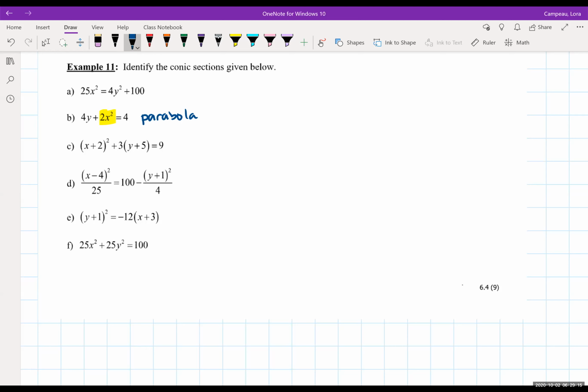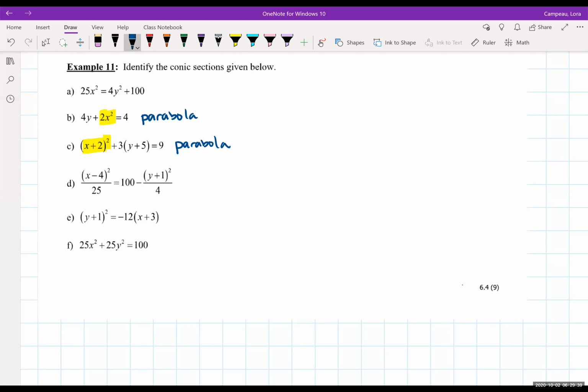If we go to part C, again, even though it's not quite in a nice form that you recognize, you do see only one of the terms is squared. So that's another heads up that you've got yourself a parabola. So it's not quite pretty, but that's all we have to guess from here.